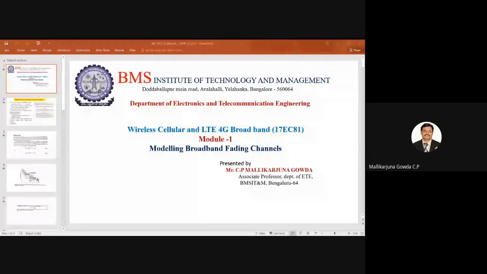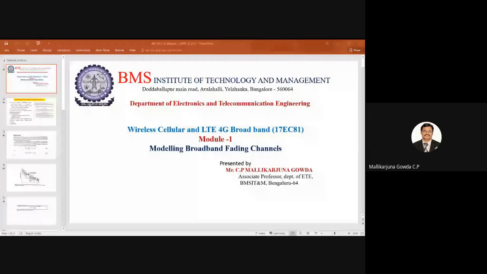So basically this coherence distance will be determining the antenna spacings. Angular spread and coherence distance are very important in multiple antenna techniques, because we will be using more than one antenna. So what will be the spacing between each antenna? Based on the value of this coherence distance, we can place the antennas at proper distance.